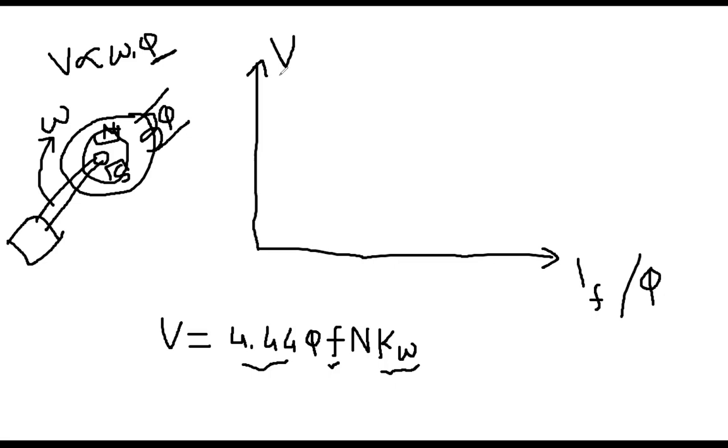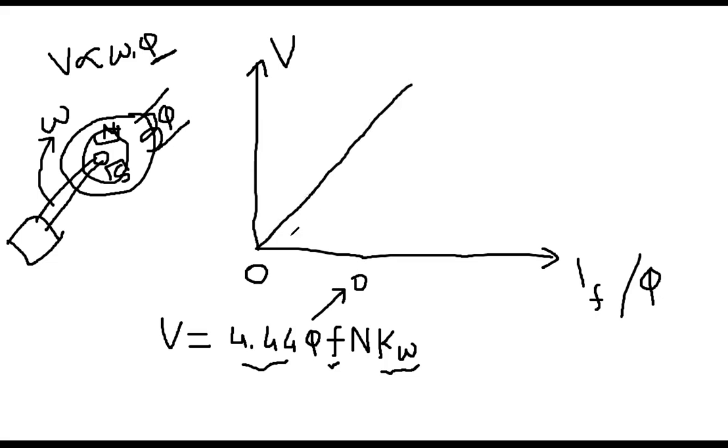So how does the voltage build up? This is the zero position. According to this equation, if phi is zero, the voltage buildup will be zero. And then as you go upward, if you gradually increase the field current or the flux, the voltage will increase. So it will go this way.